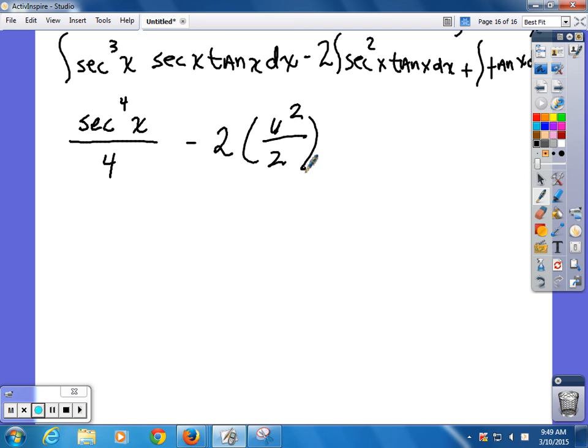I was thinking secant squared x over 2, and those cancel. Plus, and what's the antiderivative of the tangent? Natural log of the secant.